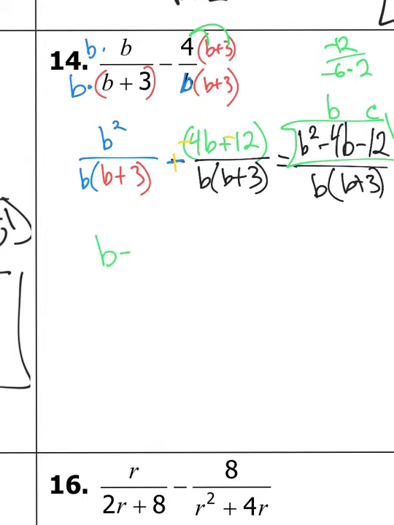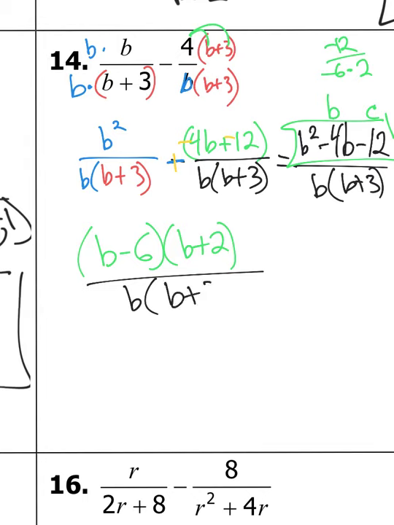So up top, I would get b minus 6, b plus 2, and on the bottom, I still have the b and the b plus 3. Unfortunately, nothing will cancel out here. Did I factor right? Yep.